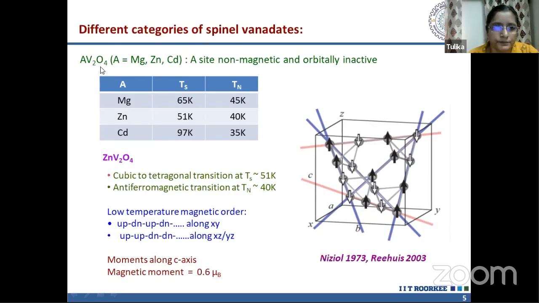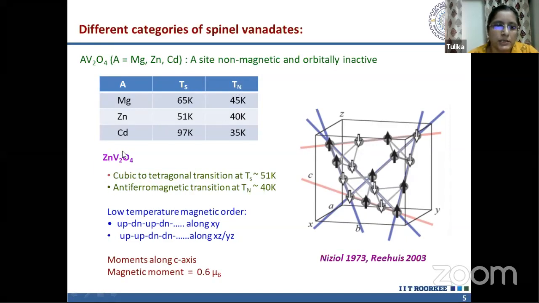One is on the basis of the A site ion. So if the A site is non-magnetic and orbitally inactive, like magnesium, zinc, or cadmium, there we see two transitions. One is structural and another is magnetic.